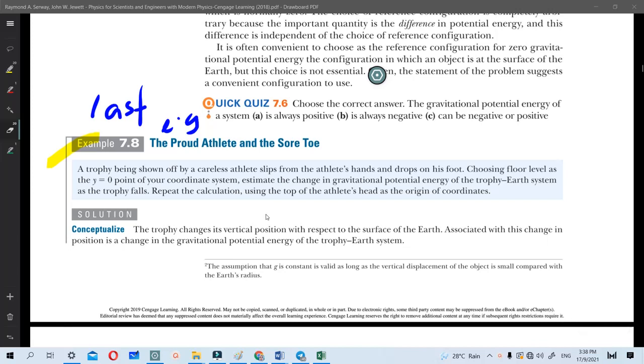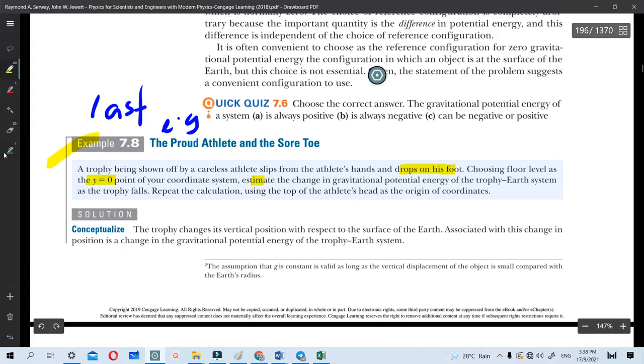So don't worry, during the exam we will give proper numbers. So this is a case whereby a trophy being shown off by a careless athlete then slips and drops onto his foot. Now choosing the floor as y equivalent to 0, you have to estimate the change in the gravitational potential energy.